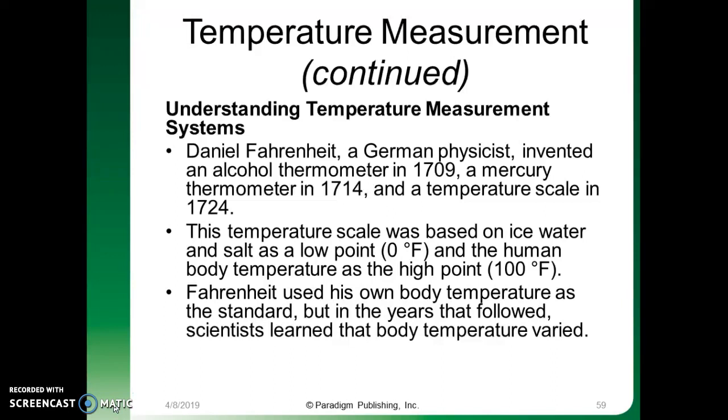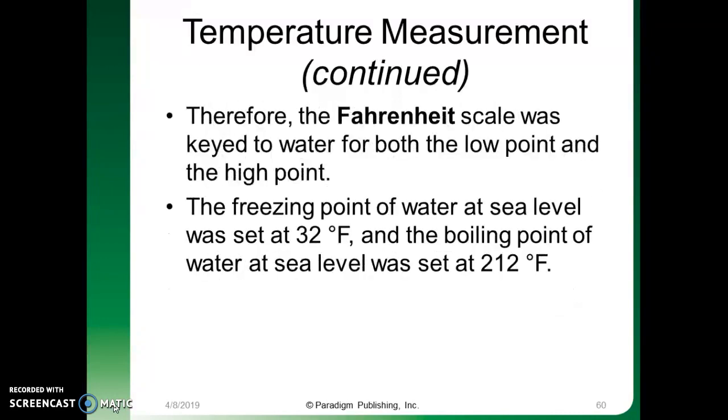Fahrenheit used his own body temperature as a standard, but in the years that followed, scientists found out that body temperature varies. So they changed the Fahrenheit scale to be keyed to water for both the low point and the high point.